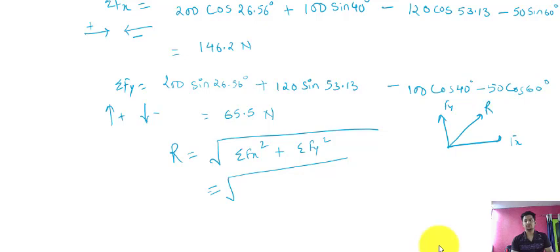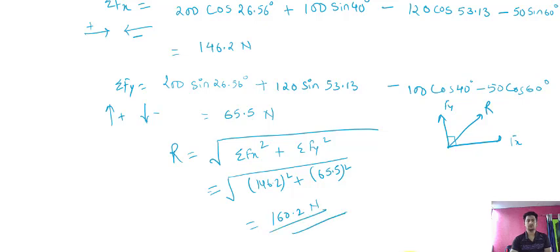When the two components are at 90 degree, the vector addition of the resultant will be like this: Fx square plus Fy square. Put the value of Fx as 146.2 whole square plus 65.5 whole square, and after solving you will get 160.2 Newton. So this is the value of the resultant.